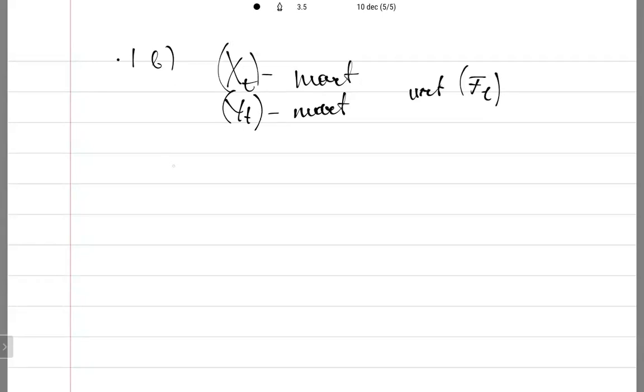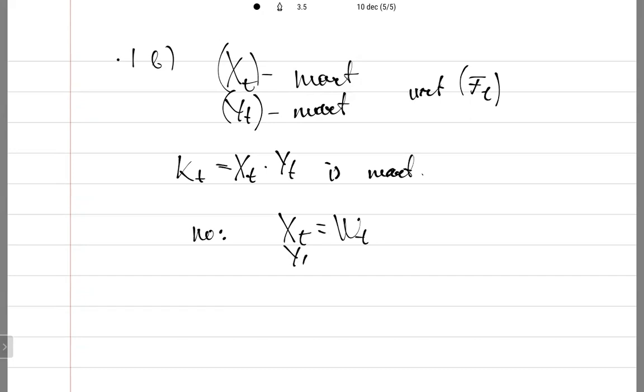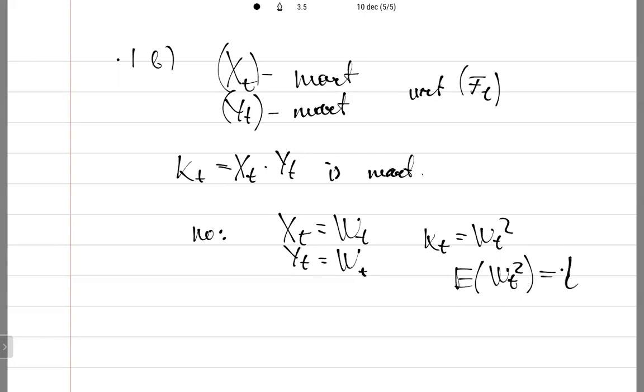And the question is whether Kt equal to Xt times Yt is a martingale. The answer is no, because not always. We can take Xt and Yt equal to Wt, and in this case Kt will be Wt squared. We know that the expected value of Wt squared is t, so it's not a martingale.